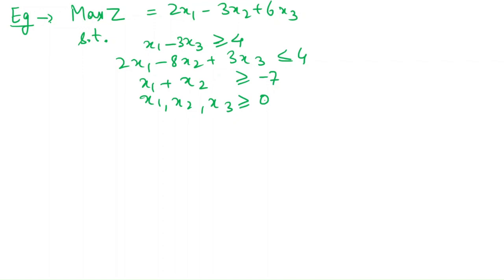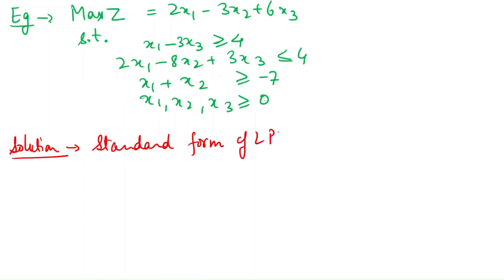So when we are converting it into the standard form, the standard form of the linear programming problem is given by, so consider all the four characteristics of the standard form.